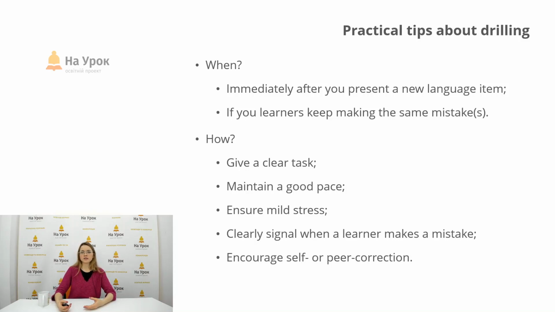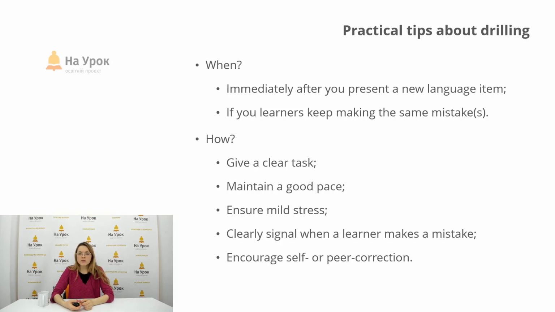Maintain a good pace. Make it fast. If it's not fast, if you let your students relax and think for too long, other learners will doze, okay? They will not wait for you. They will talk to each other, go to their phones or whatever. So you have to keep them focused. And ensure mild stress, like I said. Don't stress them out completely, but keep them focused and alert.